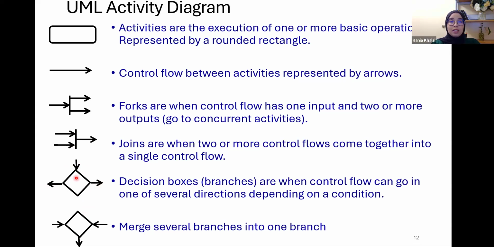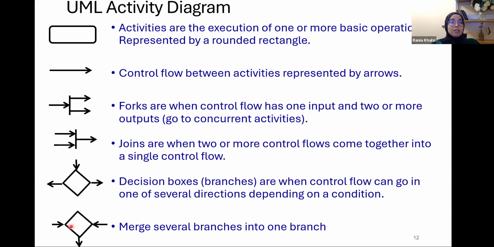The idea here is that the control flow can go in one or several directions, and you need to decide which direction you will go, okay? It depends on the condition, and this is why we call it a decision node, because we will decide at this node's level if we go here or here.